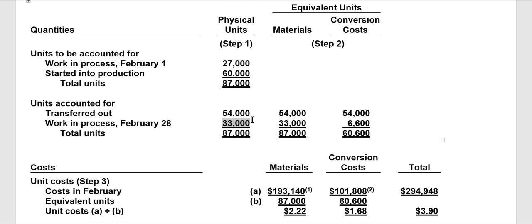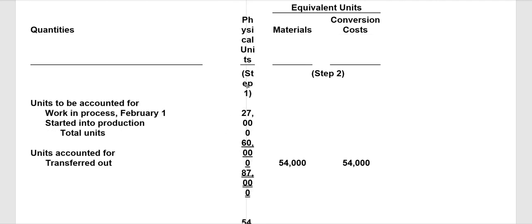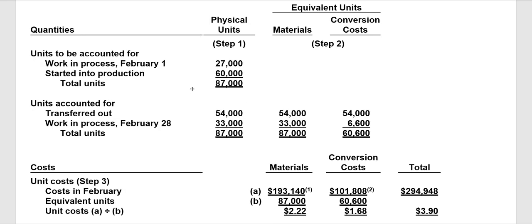There are times when you will not be given all of the numbers, but you can most likely see a relationship among these values. For example, if you are told that there are 87,000 units to be accounted for and 33,000 units are still there at the end of the period, the month, then you will be able to find the units completed by subtracting the units that are still being worked on from the total number of units.